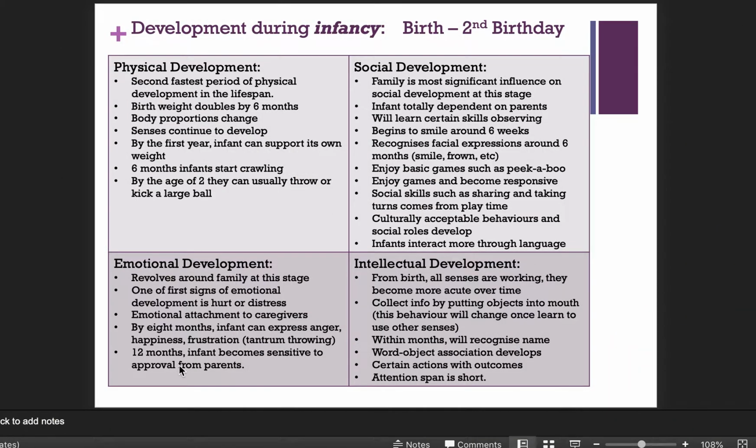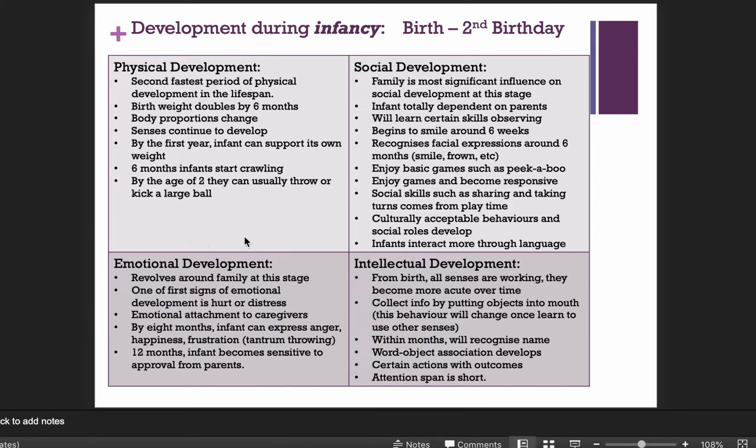So in terms of emotional development, it's all about the family, obviously. One of the first signs is hurt or distress. You need to understand that babies, especially before that sort of 6-month age, all they can do is cry. And when they cry, they are trying to communicate with us.